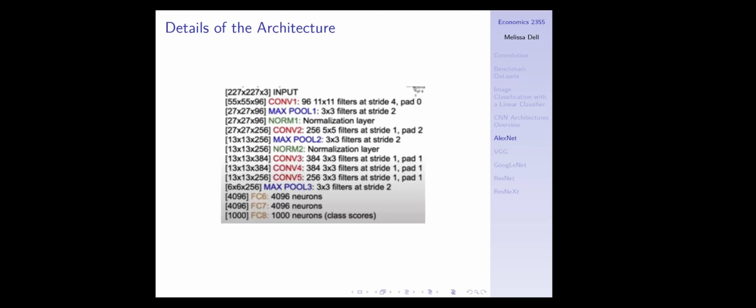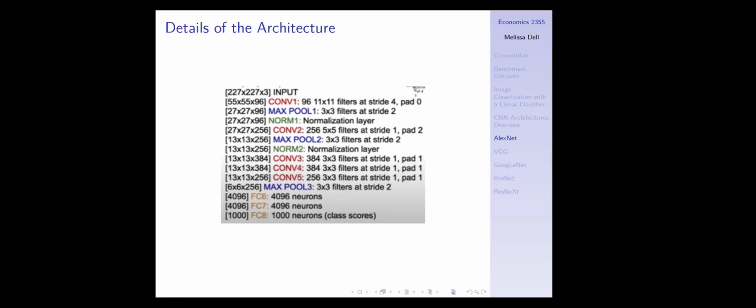And to give you a better sense for what each of these layers are. In the ImageNet challenge, you start with these 227 by 227 color images, and then they apply a convolutional layer. The filters are 11 by 11, with a stride of 4. They apply 96 of those.